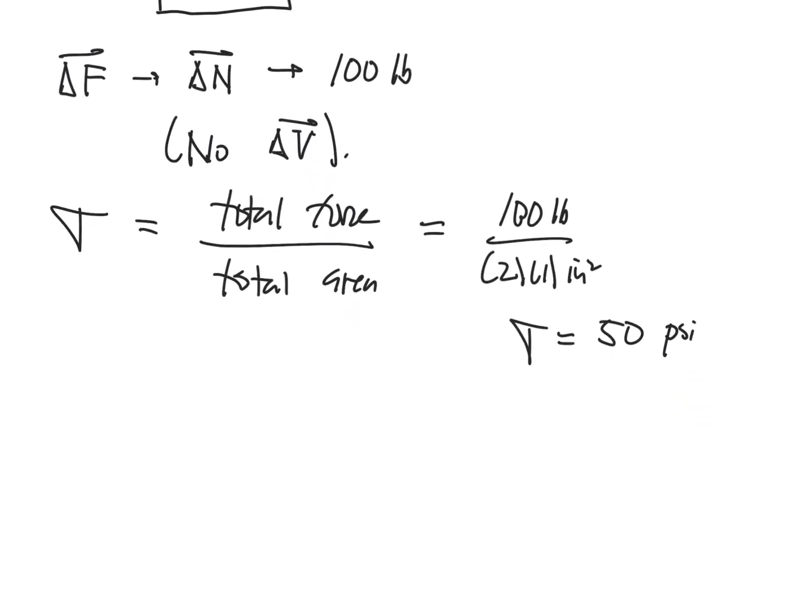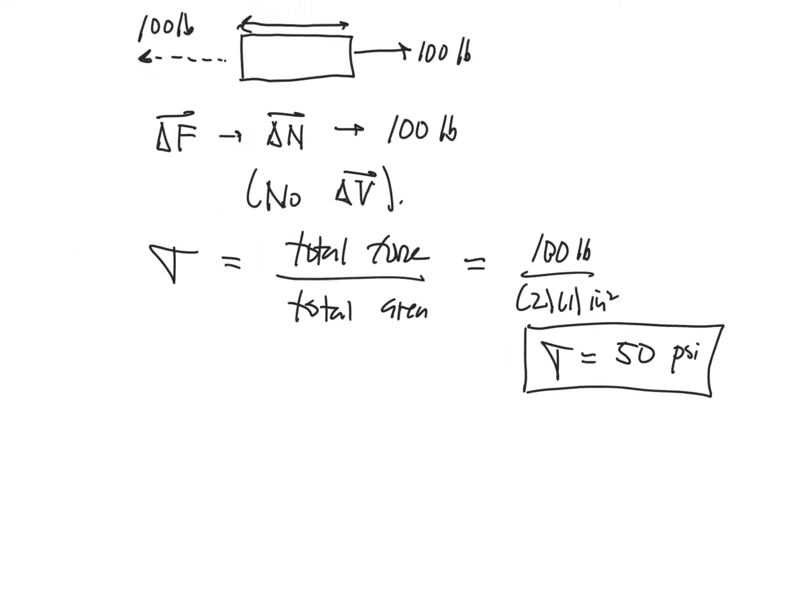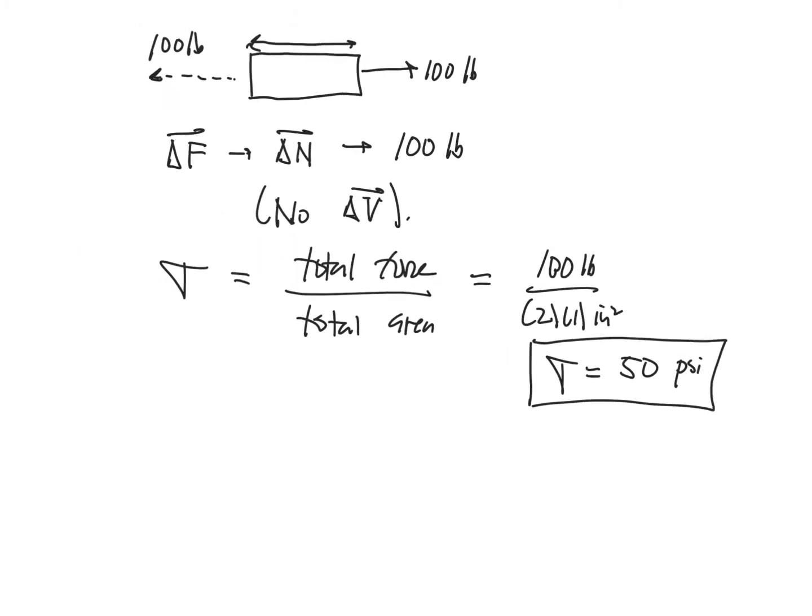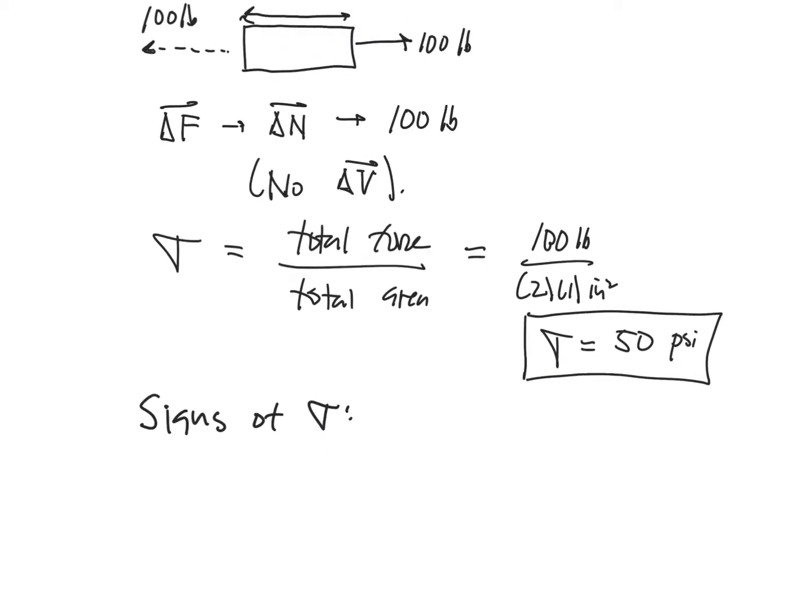So we would say that the normal stress is uniform over that particular cross section, and its value is 50 psi. What this also allows us to do is introduce a sign convention that we're going to use for this class. We'll say the signs of sigma, and it's fairly simple and very intuitive.